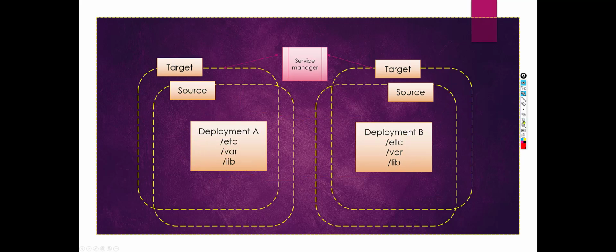Okay, so this is one-to-many relationship. One service manager is handling two different deployments. So likewise, you can handle 10 deployments as well for one service manager. I can create another specific Oracle Goldengate installation, and I can also create another different service manager which can handle another 10 deployments.